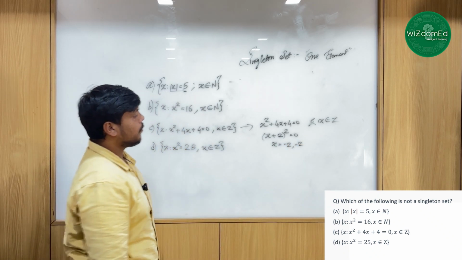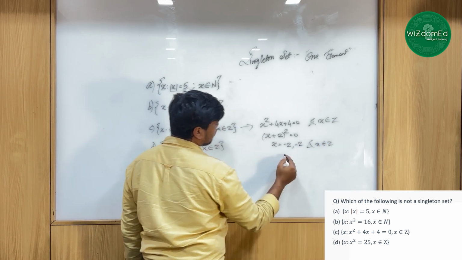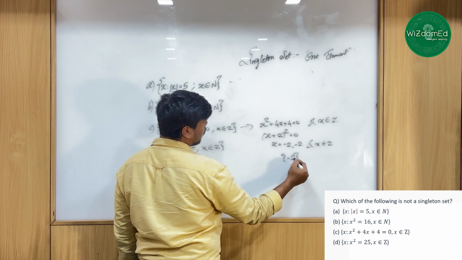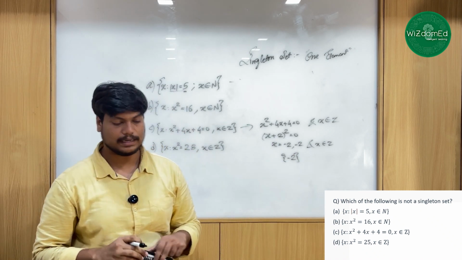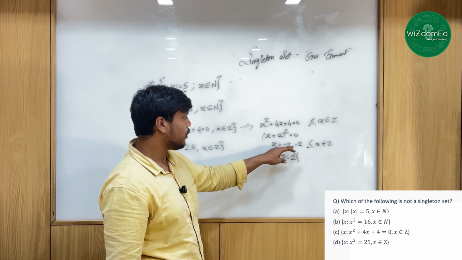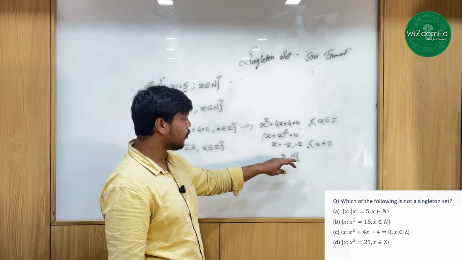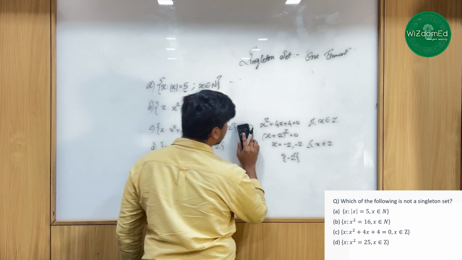Minus 2 also belongs to integers, so this is perfect, and I can say it also contains one element which is minus 2. Now we might feel that we are getting two different values here, then why is this a singleton set? We know that a set does not have any repetition, so even if we get the same element twice, we'll only write it once. That's why this set is also a singleton.